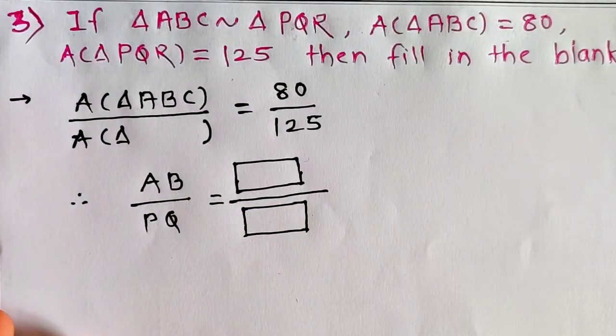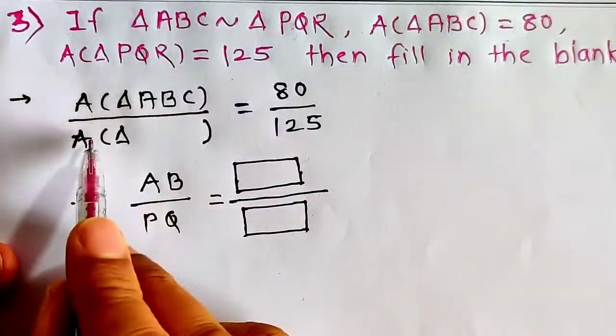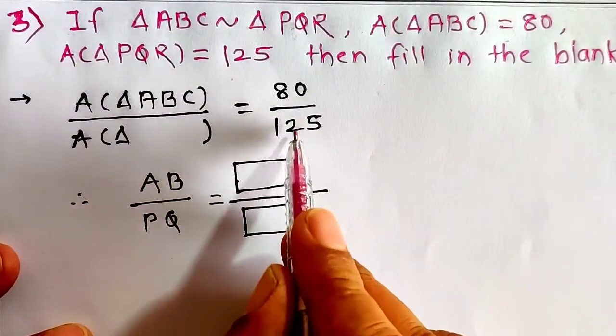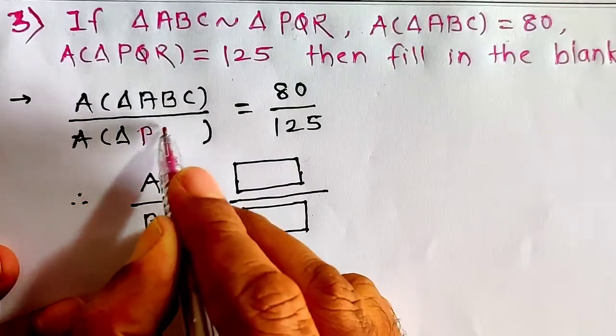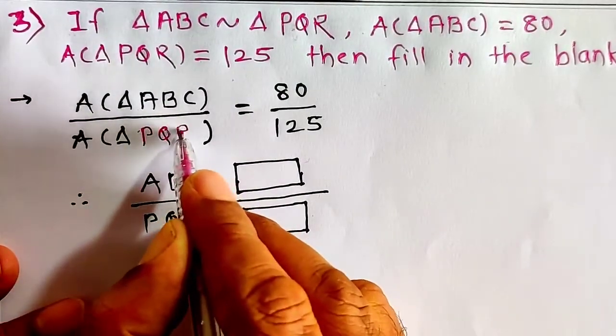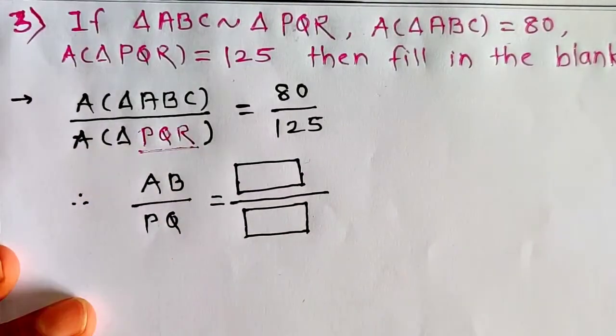Here we have to complete the boxes only. Area of triangle ABC upon area of triangle PQR, so we get the first fill up: 80 by 125.